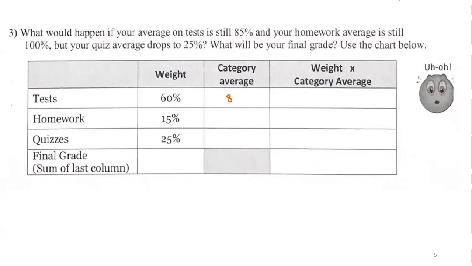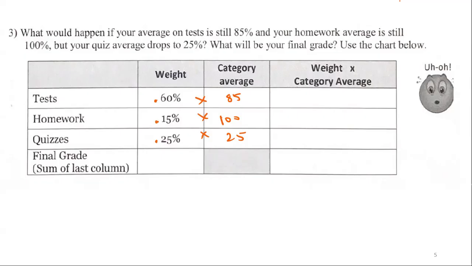We got 85% for the tests, 100% on the homework, and our quiz went down to 25%. Then we multiply these, making sure we change the first column to decimal. So this would be 0.60, 0.15, and 0.25.